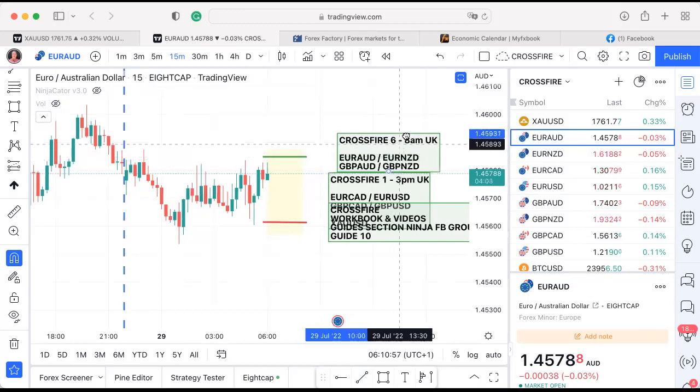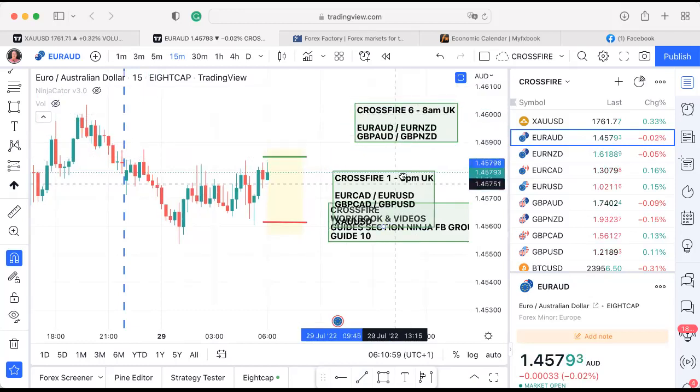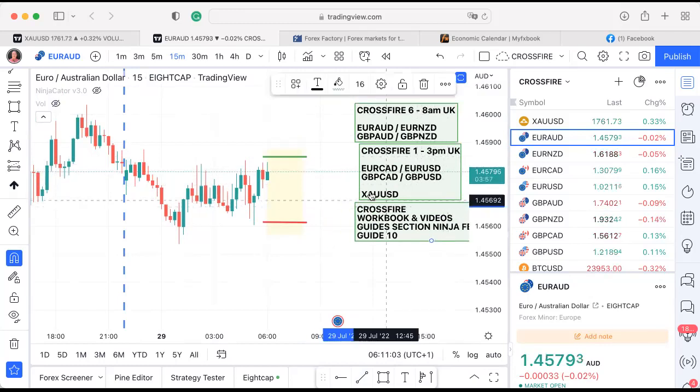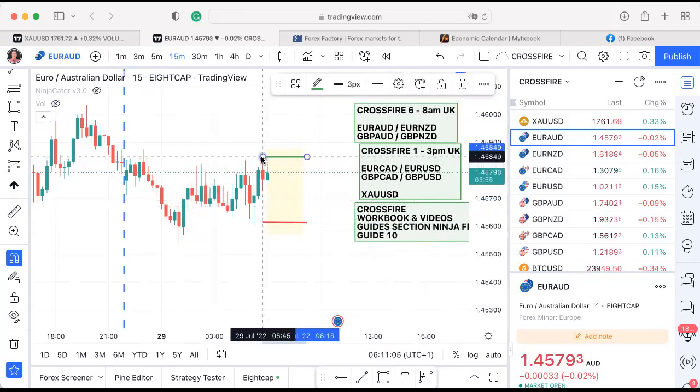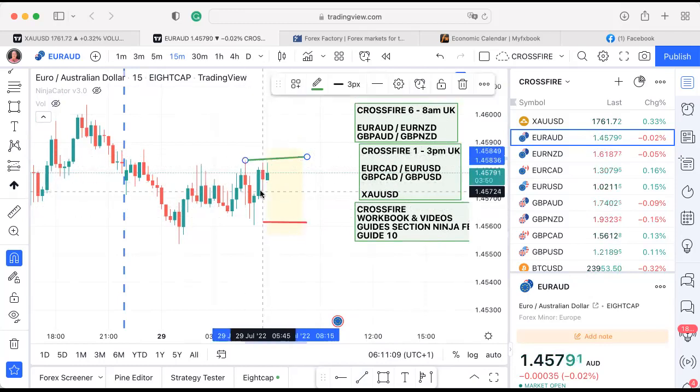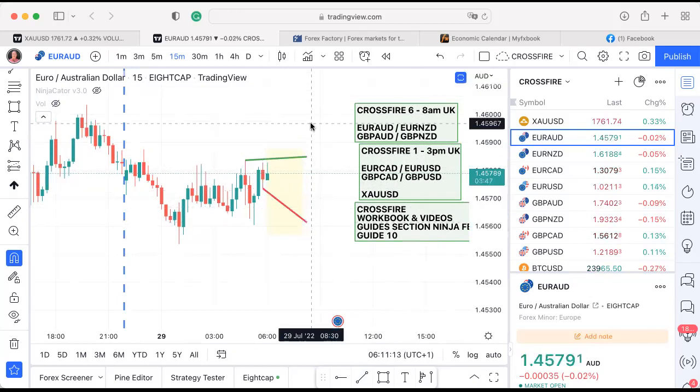We'll just move those out of the way. So at the minute, that's the nearest high, and this red candle here is the nearest lower low. So that's all we can do until 6:15. There's no point in jumping in just yet.